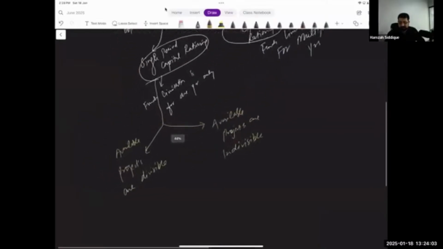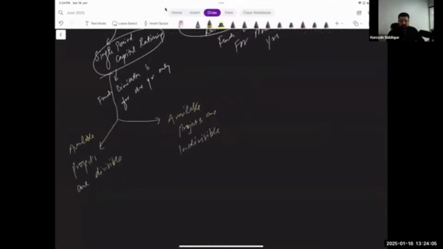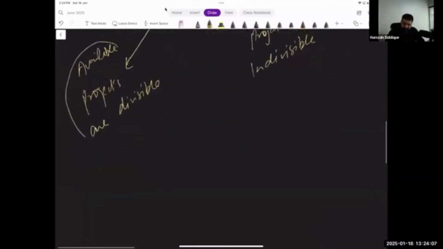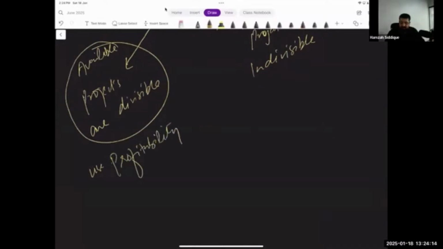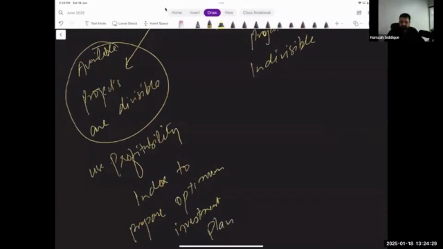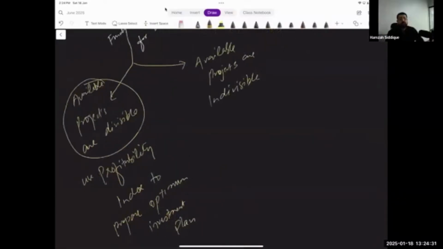Two possibilities further. If available projects are divisible, then we use profitability index to prepare the optimum investment plan.